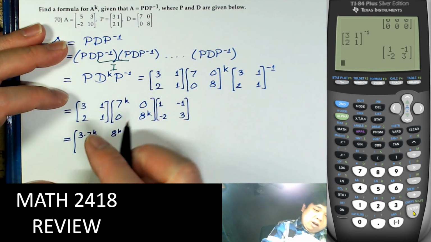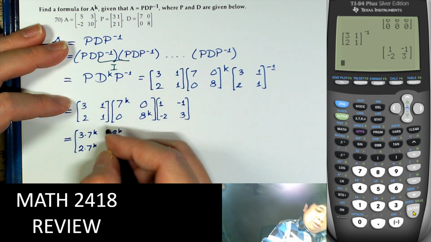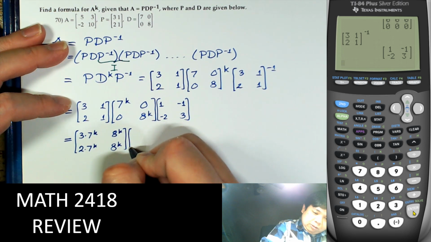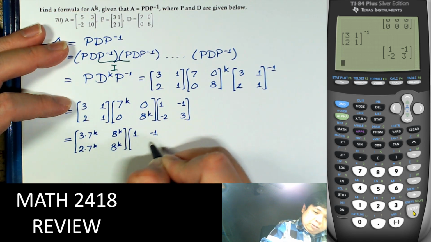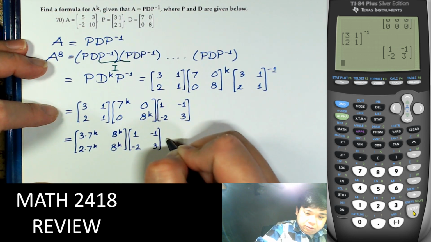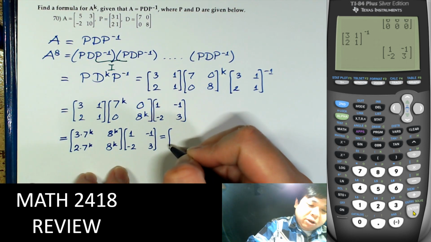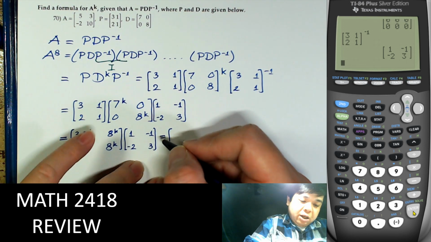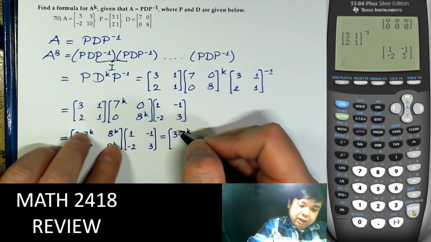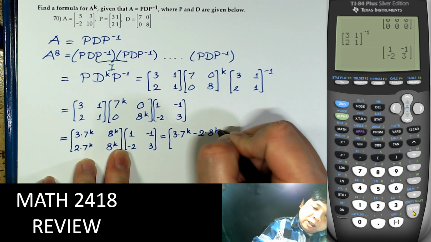And then row times column, row times column. So now we just do row times column, row times column, so we have 3 times 7 to the k minus 2 times 8 to the k, right?